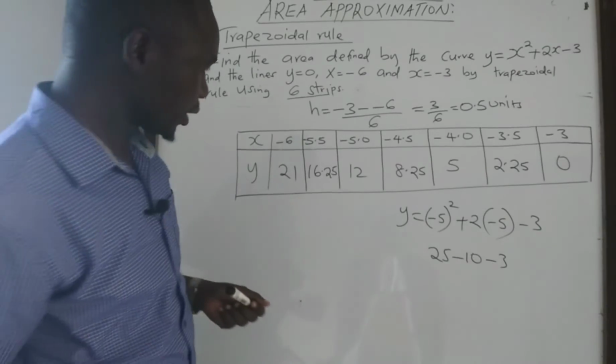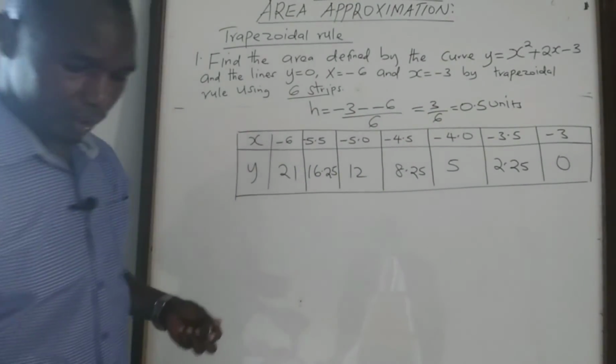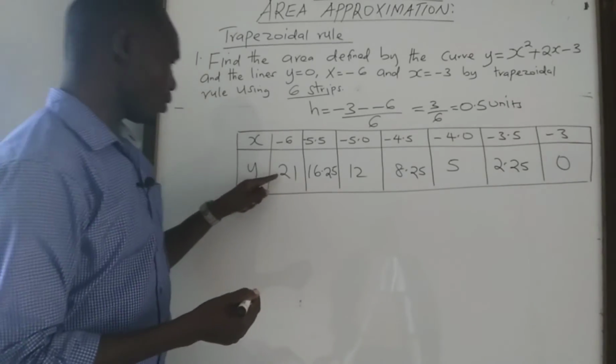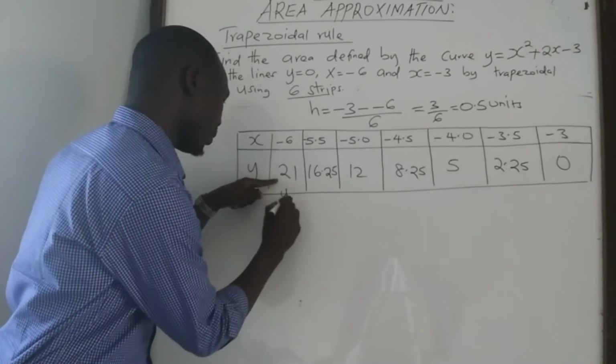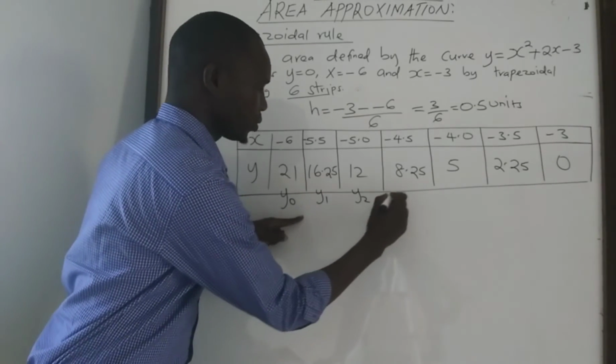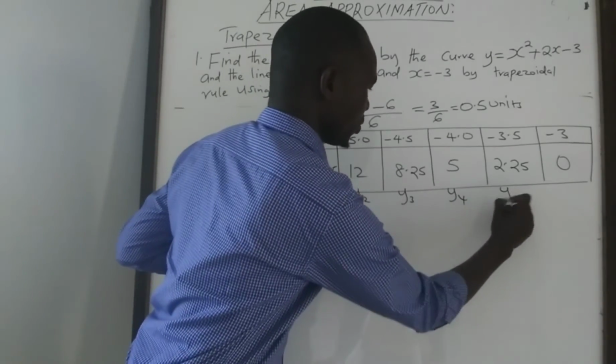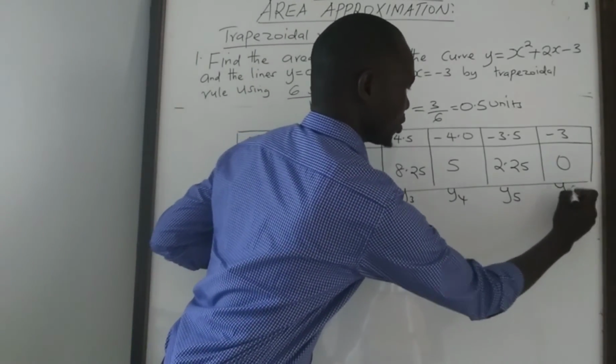From here, going to our formula under trapezium rule, we are going to take the first value of y here to be our y0, then we are going to have our y1, y2, y3, y4, this is y5, and lastly this is y6.